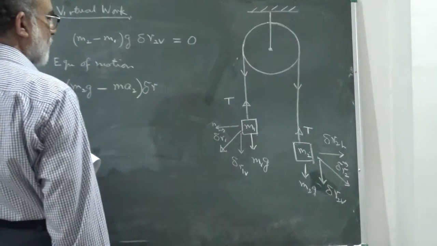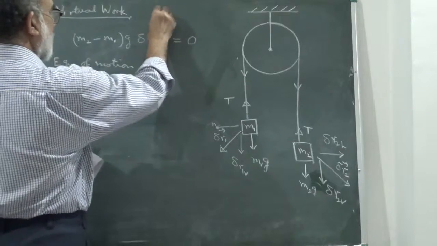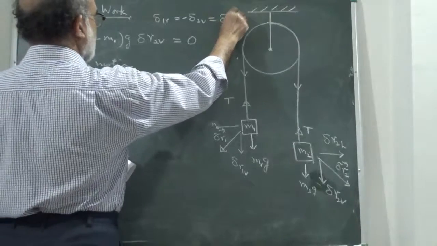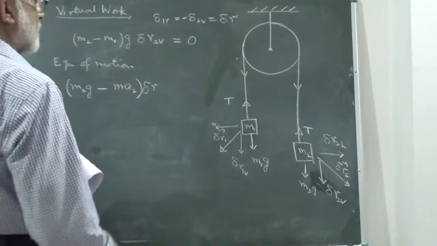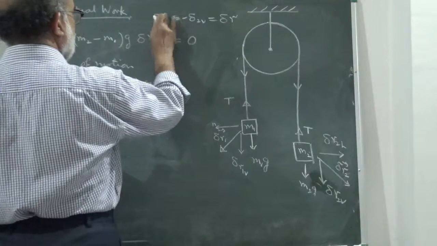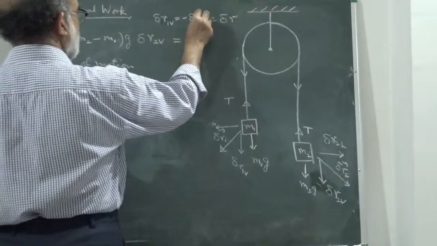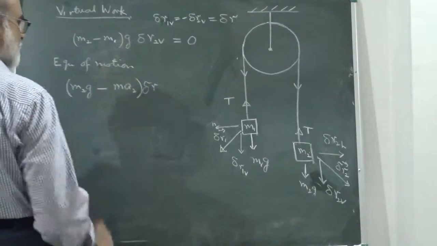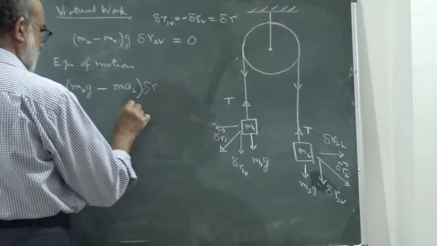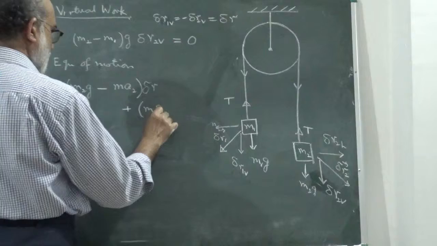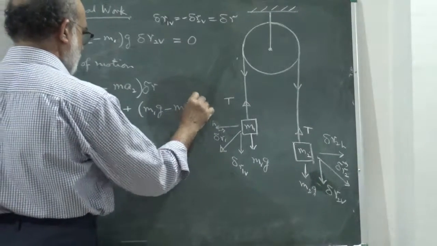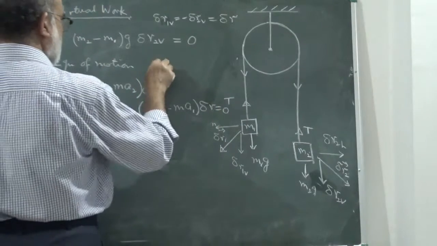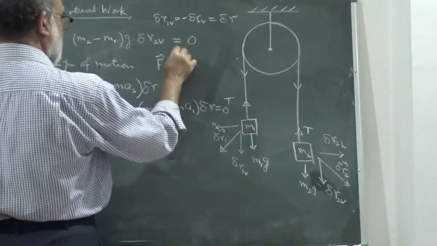Instead of writing 2V and 1V, because delta R1V is equal to minus delta R2V, simply write delta R. Plus M1G minus M1A1 times delta R is equal to 0, because we are using the same F minus P dot.